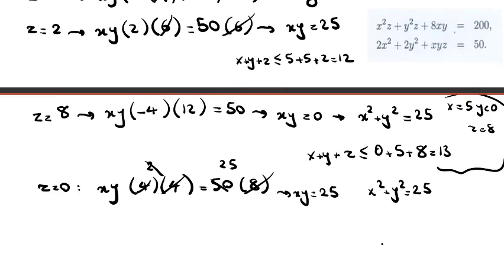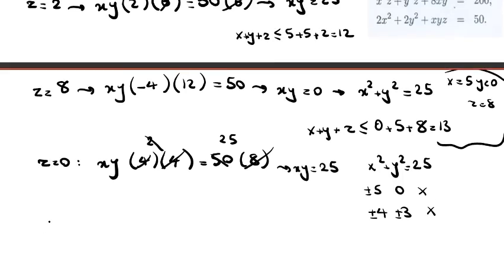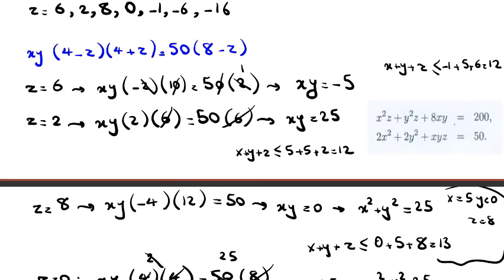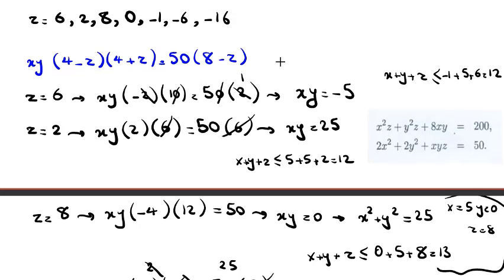And if we want to satisfy x and y, x can be plus minus, one of them plus minus 1, the other one 0, or plus minus 4, 3, plus minus 3, vice versa. In both cases, we see that xy is not 25. So we reject when z equals 0. We've checked 4 cases. Now let me copy this, the rest 3 cases.